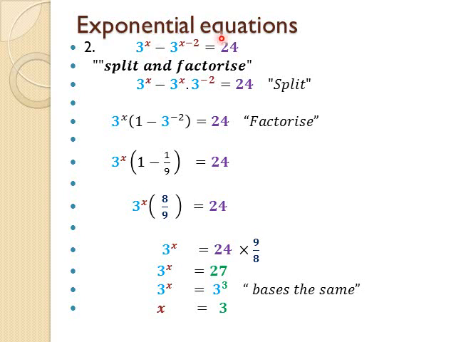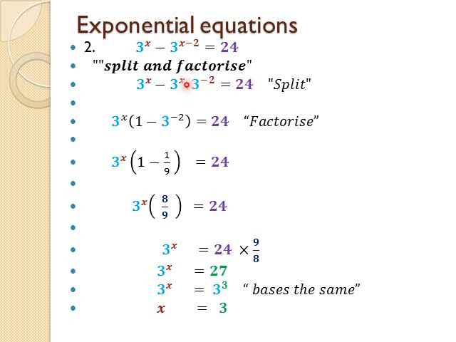Right, so we're given an exponential equation, but the terms are separated by a minus sign. Again, with a minus or plus sign, we have to take out the common factor. But to make sure you don't make an error, we're going to first split and then factorize. So if I split that, that's 3 to the power x times 3 to the negative 2 equal 24.